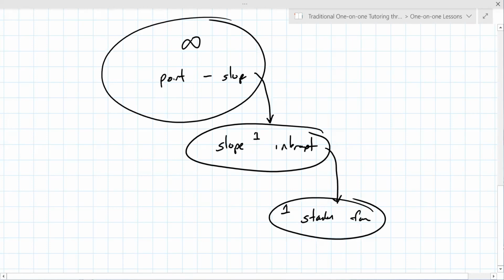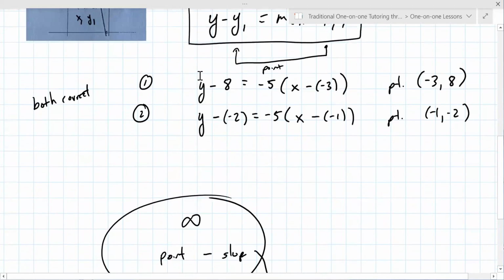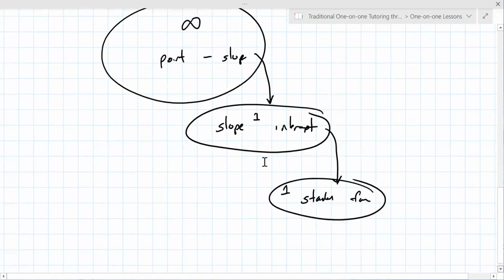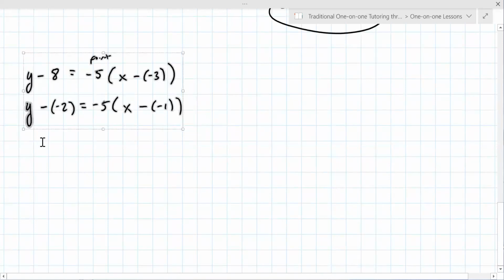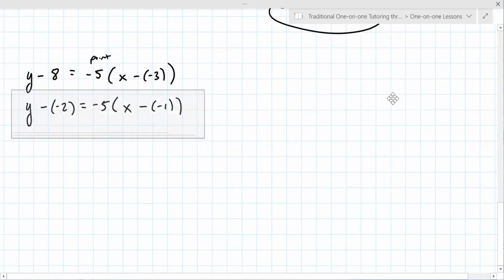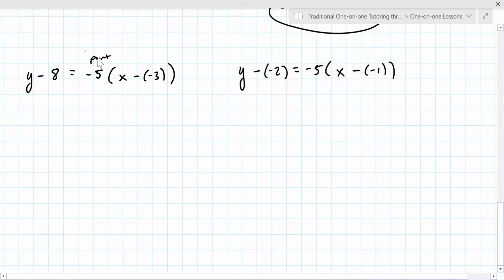So to prove this or show this, we want to take this equation here. Let me grab both of these, and we're going to solve them each for y.